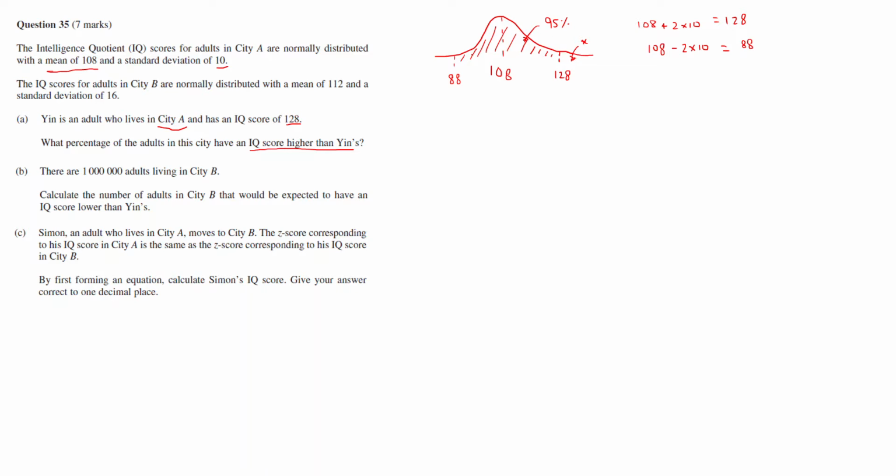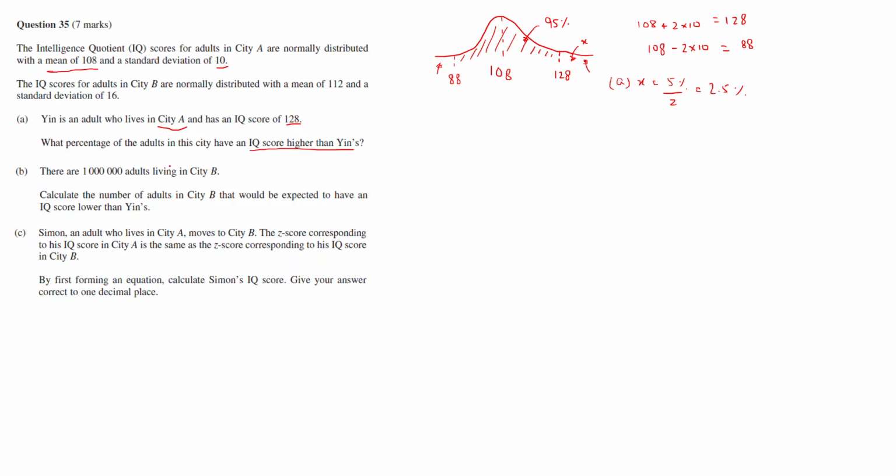So if the center bit is 95%, then the bits outside, the sum of these would be 5%, 100 minus 95, and because they are equal, the answer to part A would be X, which is 5% divided by 2. So 2.5% of the people in city A have higher IQ than Ian.